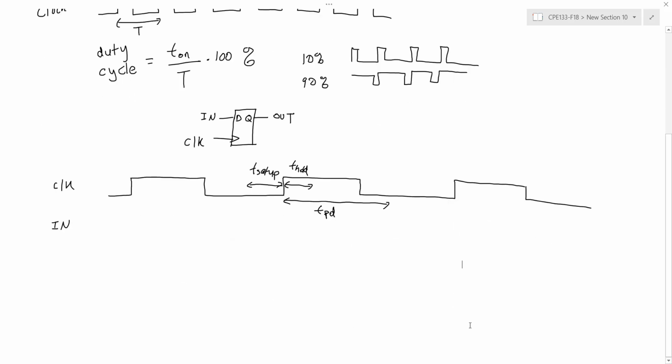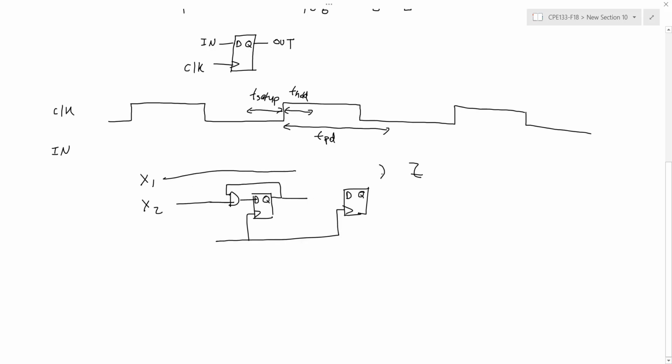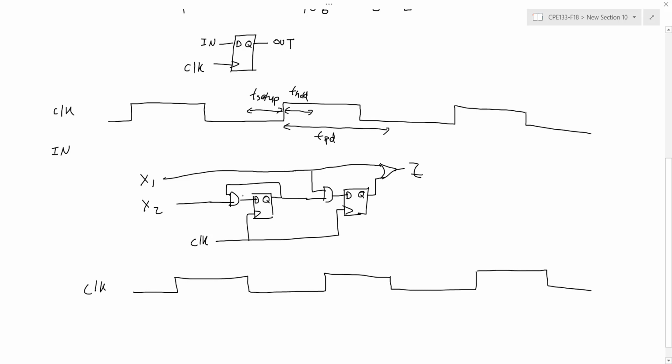Okay, so let's look at what this means in terms of a circuit and determining what's the worst case or the longest propagation delay in the circuit, which is important, as we know, for determining the maximum frequency at which I can operate that sequential circuit. So let's say we have the following circuit. Okay, so there are multiple paths through this circuit.